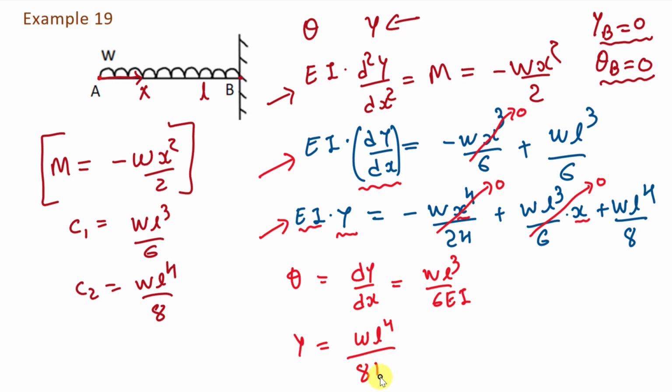So it will be EI. Now we have the maximum slope and maximum deflection in this beam at point A. Here this slope is the slope at point A and this deflection is the deflection at point A.